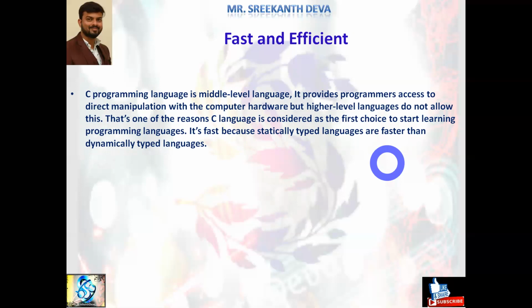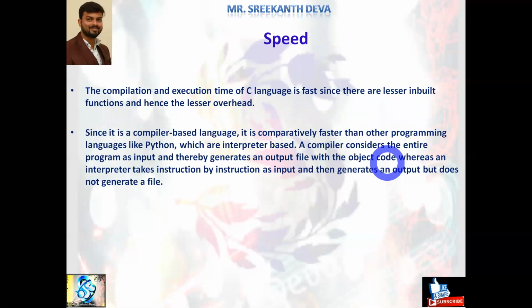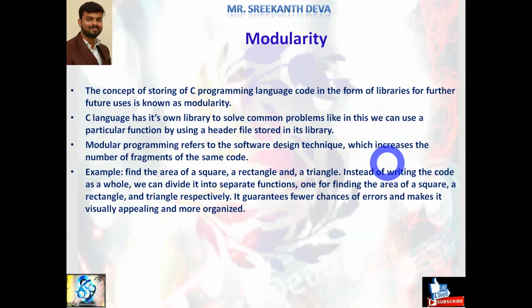Further, it is fast and efficient for developing low level applications as well as somewhat high level applications using C. Application development is also very fast compared to previously existing programming languages like BCPL or B. The compilation and execution time of C is fast, since there are fewer inbuilt functions and hence lesser overheads.